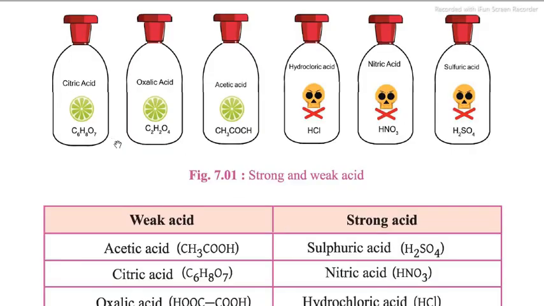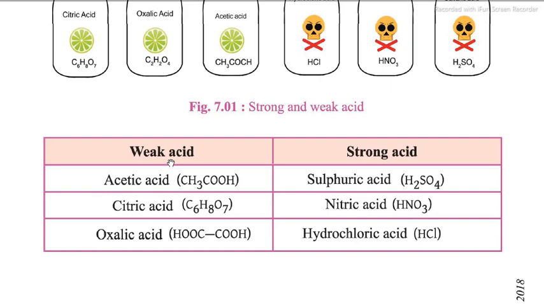Here, the weak acids are in the first 3 bottles and the strong acids are in the next 3 bottles, shown along with their chemical formulas. The table here refers to weak acids and strong acids with different chemical formulas.